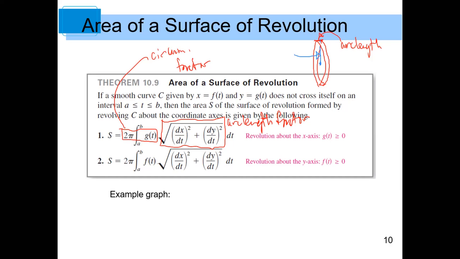Well, in this case we have y acting as the radius. This is y equal to g of t. So what is 2 pi times that? It's the distance around this thing, do you know what I'm saying? The circumference of that thing is equal to 2 pi times g of t.